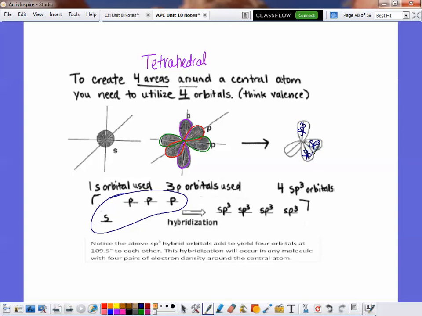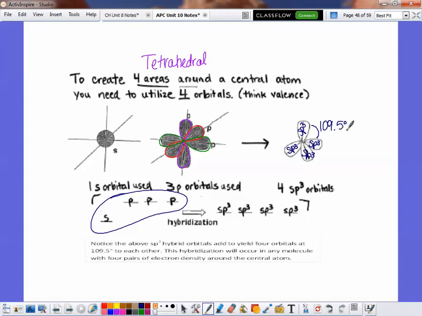For those sp3 hybrid orbitals, the optimal bond angle is 109.5 degrees. That's where we get that bond angle from. That's why it's sp3. You just need to know that anything with 4 areas around the central atom, whether those areas be bond pairs or lone pairs, the hybridization is sp3. This is the why behind it.